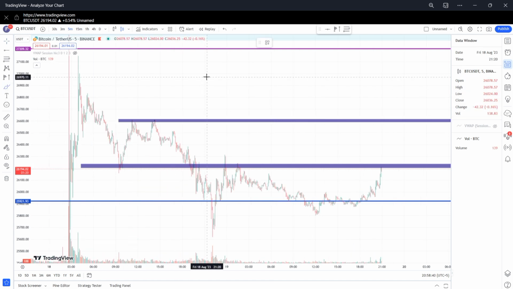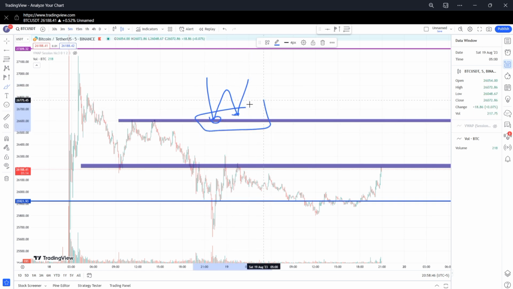Whenever two highs or lows form extremely close to each other like this, there's a lot of liquidity. There's a lot of liquidity below them, and price is often getting to that level.